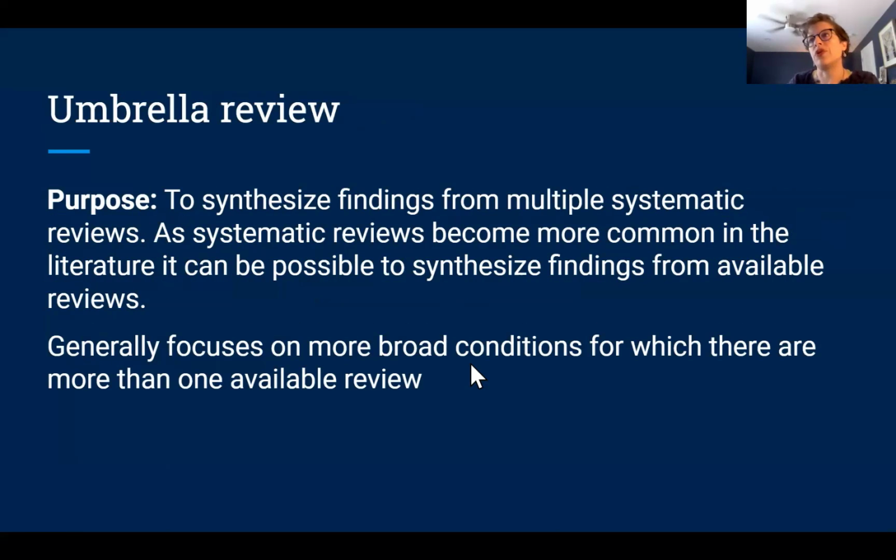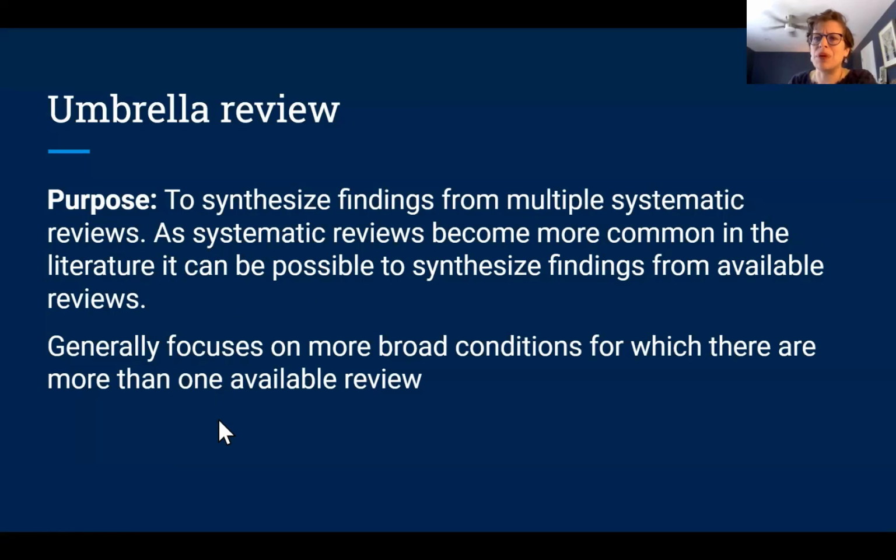And then an umbrella review. An umbrella review is a newer kind of review as well, with the huge growth in published systematic reviews. Now you might be able to, on a topic, find more than one systematic review and use those together to get an even bigger picture view of an area.